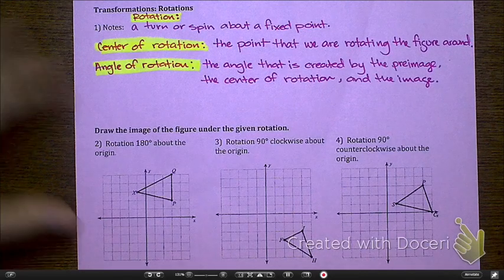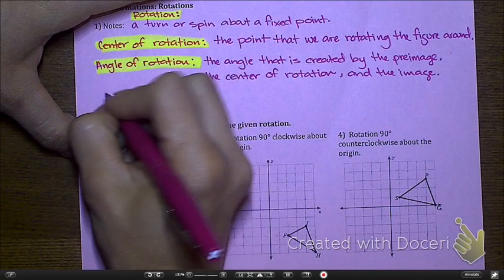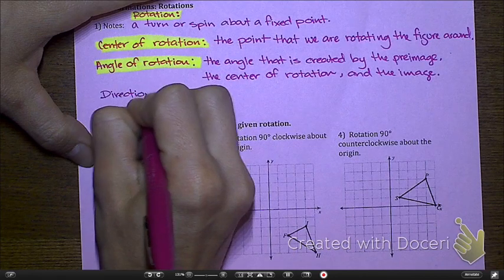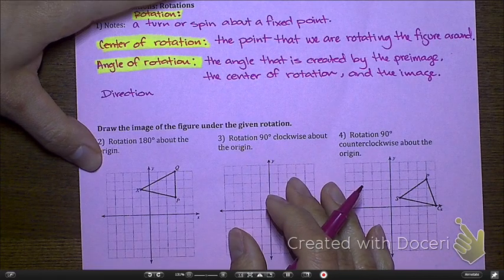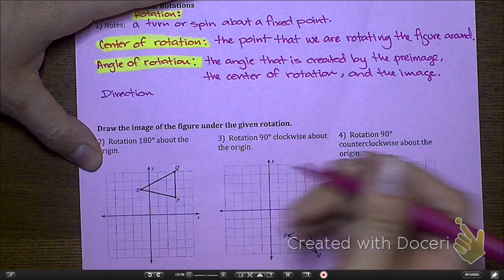Now, there's another important thing, which is the direction that we choose to rotate. We could either rotate clockwise or counterclockwise.